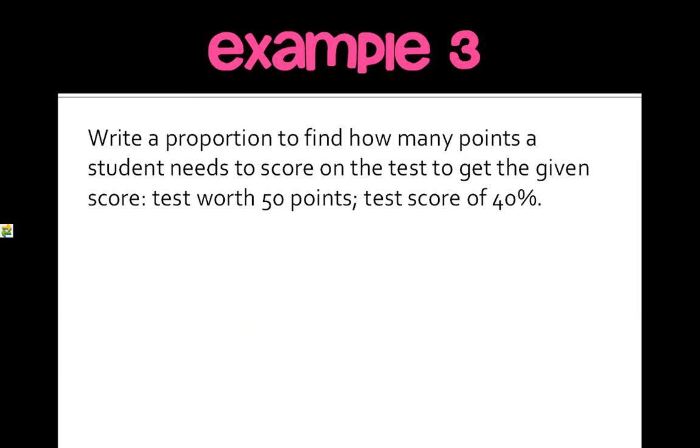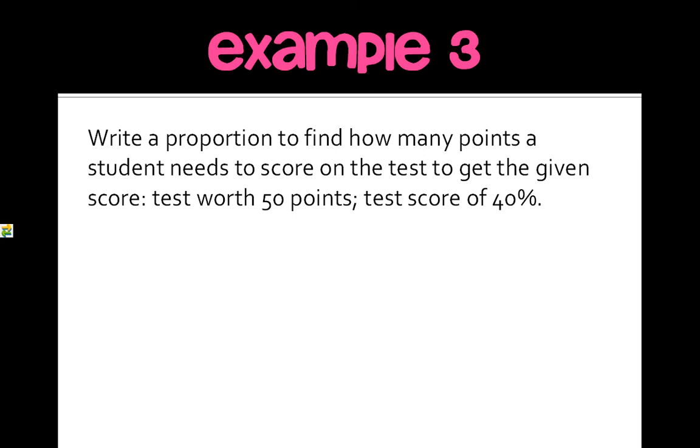Okay, now we're going to write a proportion to find how many points a student needs to score on the test to get the given score. So if a test is worth 50 points, we want a test score of 40%. Okay, so I'm going to kind of get ahead of myself here because this can be used as a percent proportion problem.